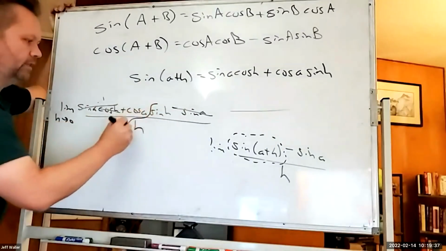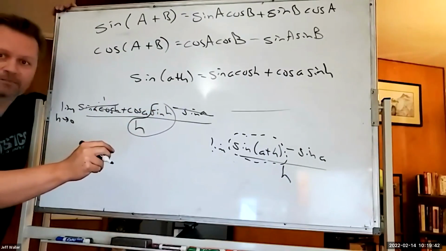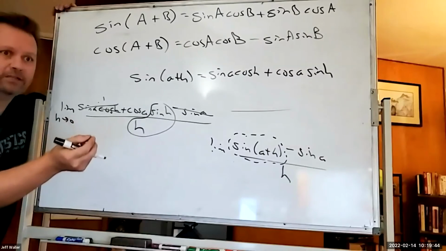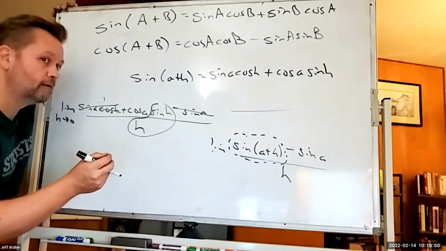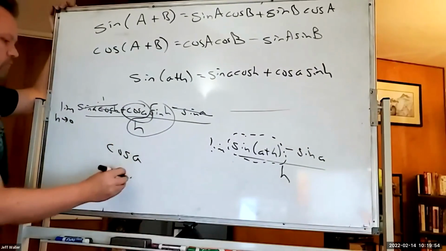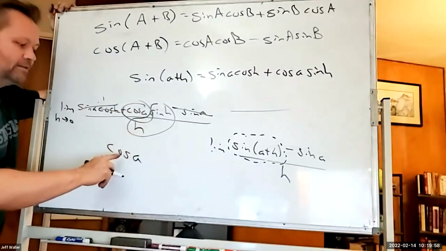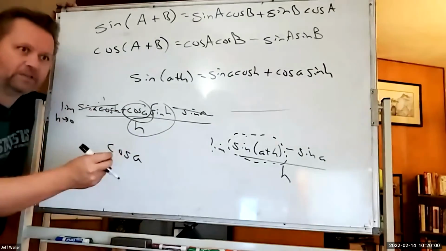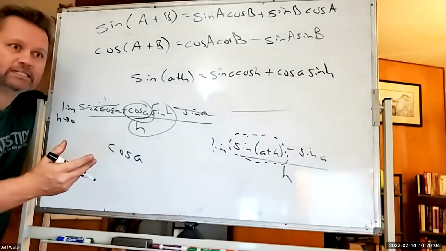And what's the limit of sine H over H, just like sine X over X? What's that limit? 1. So this becomes cosine. So the derivative of sine is cosine. That's nice.